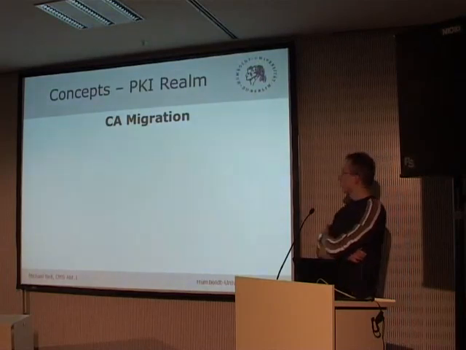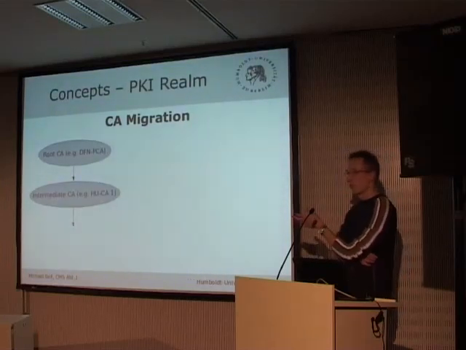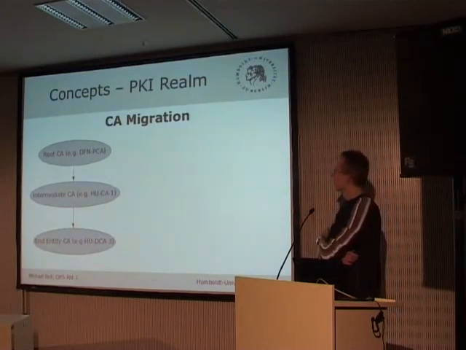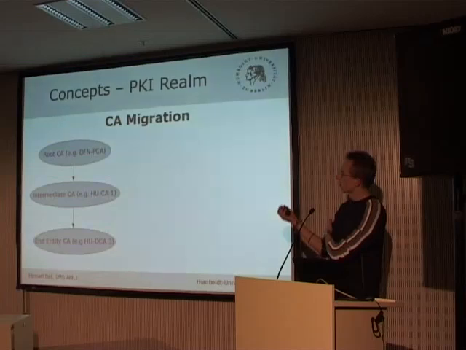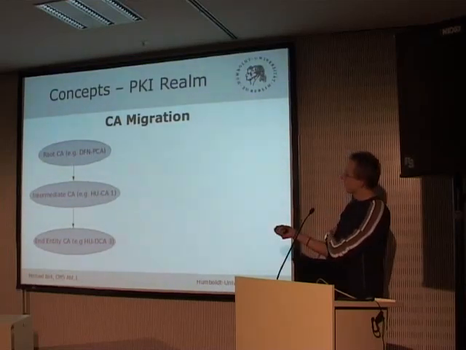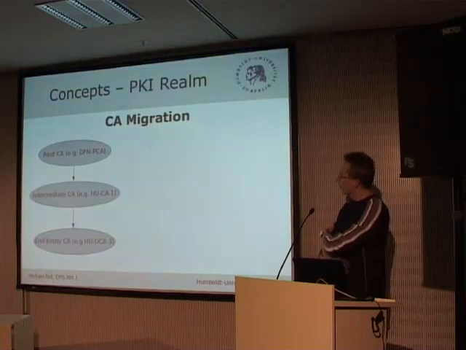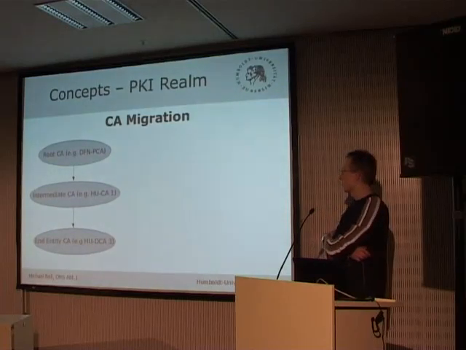Okay, what is one of the most critical aspects in PKIs today? This is CA migration. For example, in our university, the Humboldt University here, 2 kilometers away, we have the following architectures. We have a root CA. It's a common system from the DFN PCA. It's operated on OpenCA. The intermediate CA, it's the same. It's our root CA, and then we have the end entity CA, which issues user certificates and server certificates.